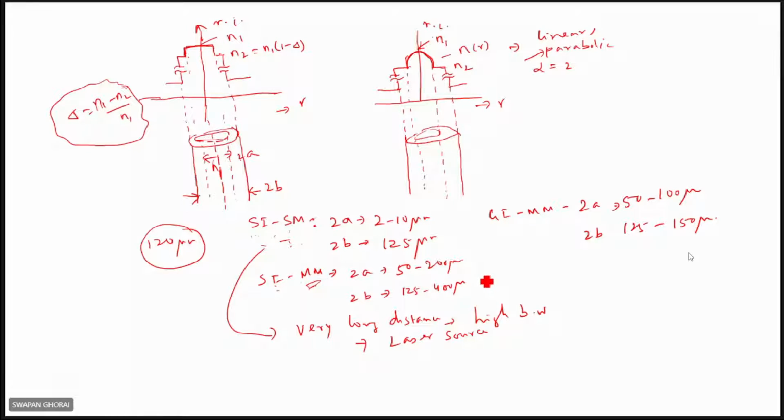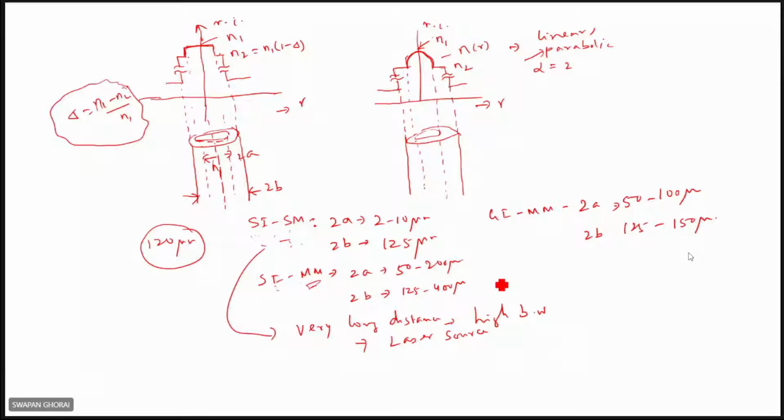So for example, in a field, if 10 persons are running, and the 10 persons reach the destination at different instants of time, then if you plot a pulse, that will be broadened, right? So the time difference will be quite large. That is the case of multimode fibers.